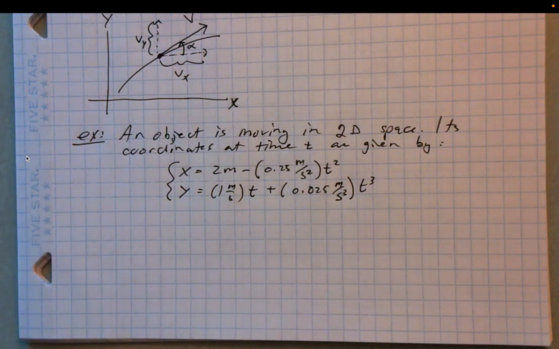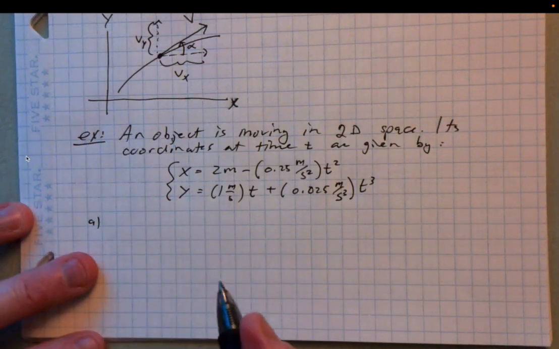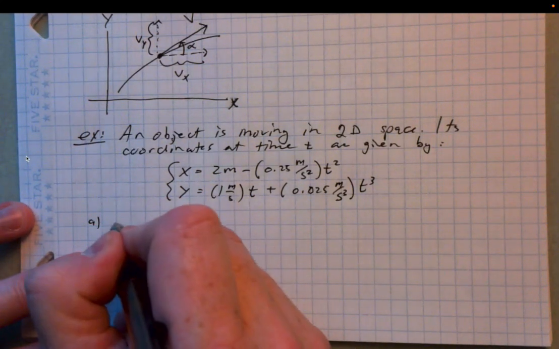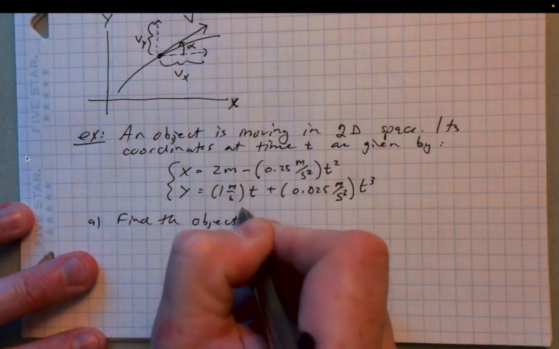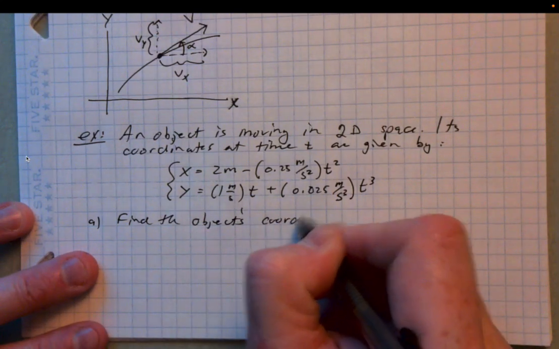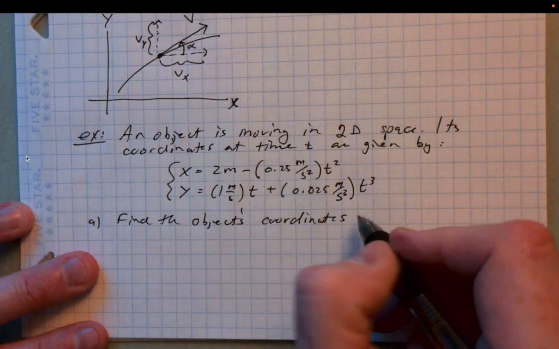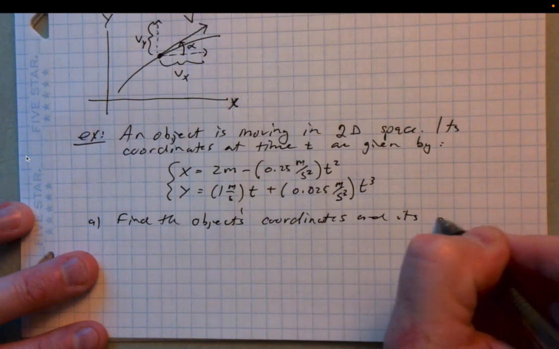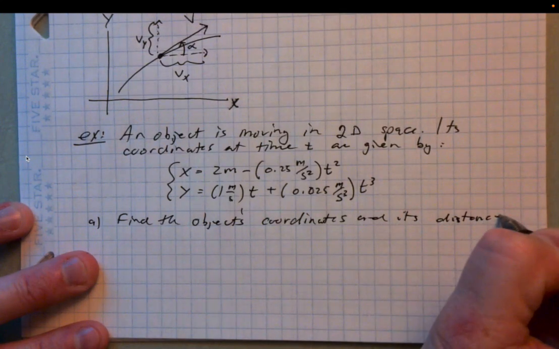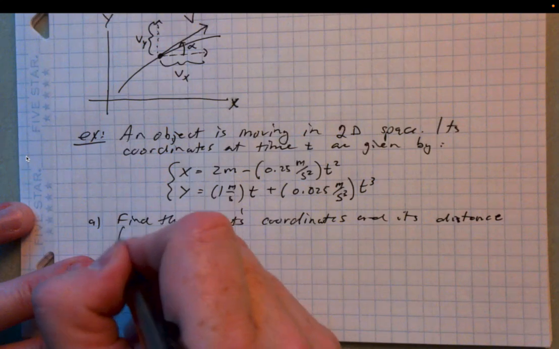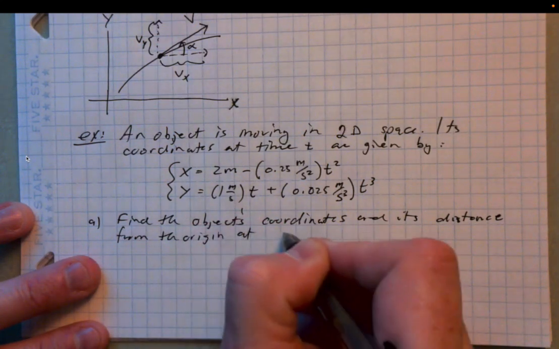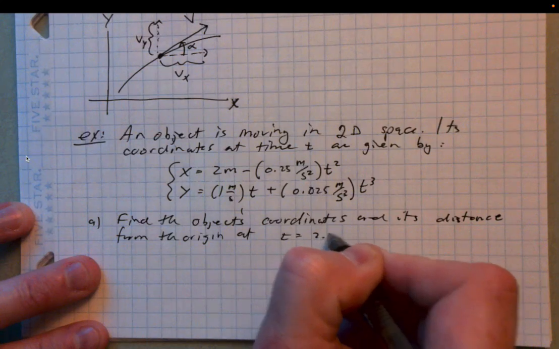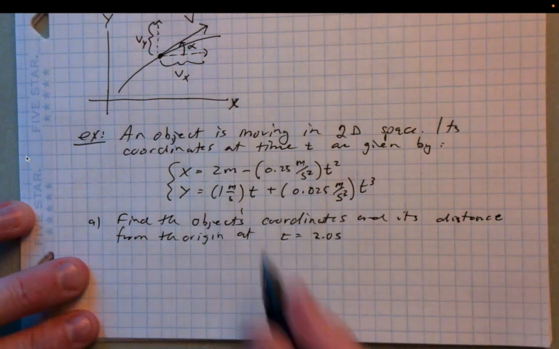So then, what are we interested in? There are 3 parts to this. Let's find the object's coordinates and its distance from the origin at t equals 2.0 seconds. That's just a straightforward thing.